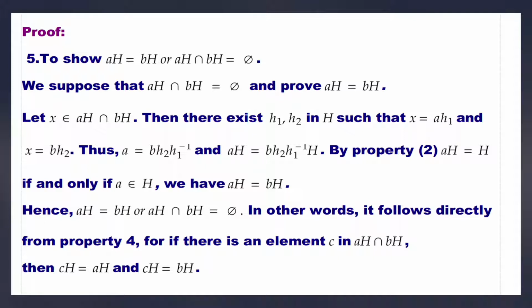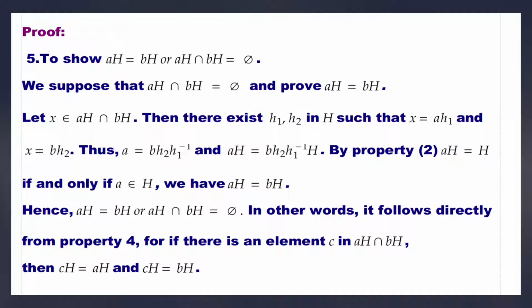We suppose that aH ∩ bH ≠ ∅ and let x be in aH ∩ bH. Then there exist h1, h2 in H such that x = ah1 and x = bh2.